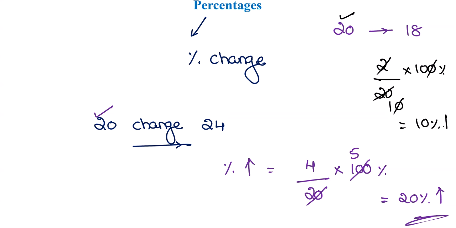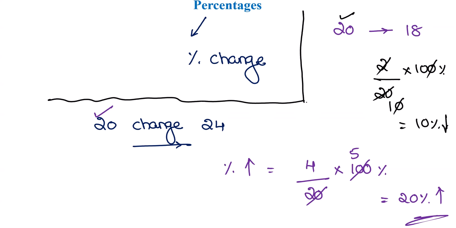Increase, decrease, rise, fall, there are different names: percentage increase, percentage rise, percentage fall. Profit percent and loss percent are all similar to this area only. So percentage change is very important in the percentage concept out of all.